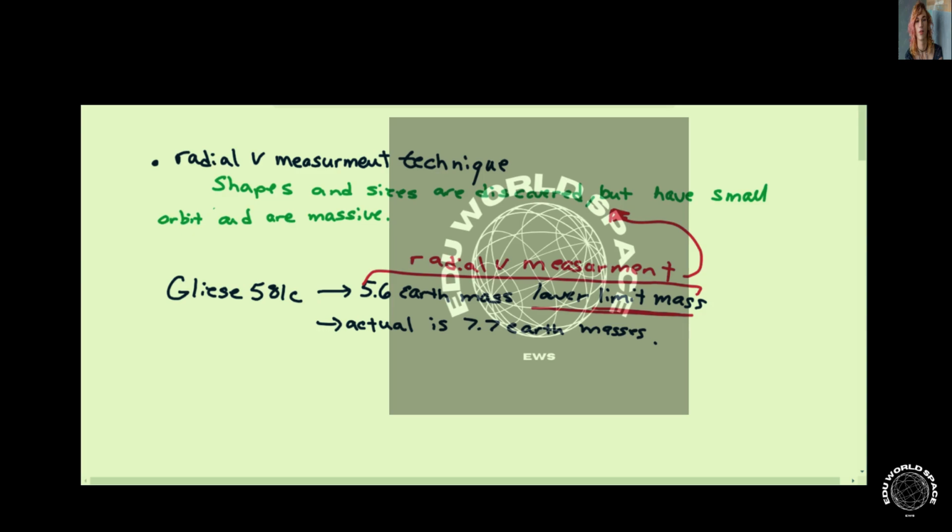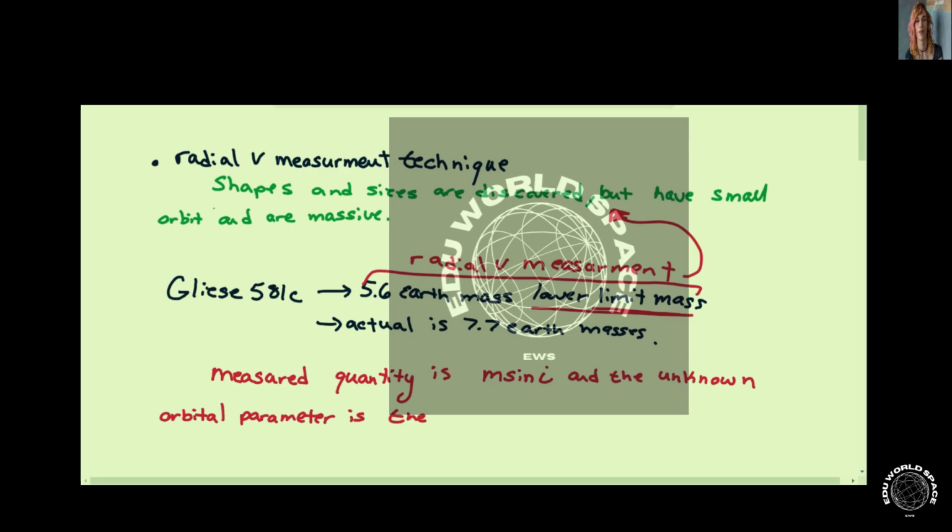With this technique, the measured quantity is m sin i, and the unknown orbital parameter is the inclination of the orbit. Okay? Thank you guys.